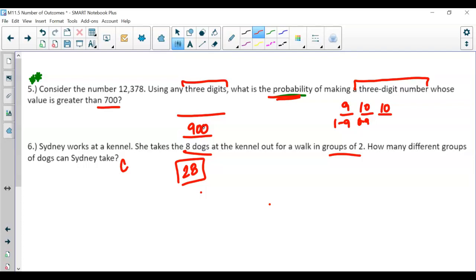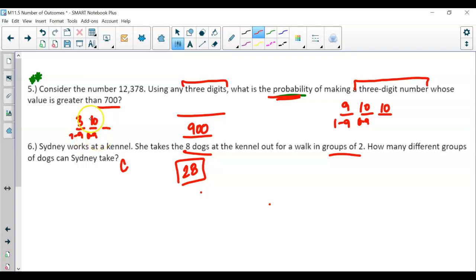Now, you've got the numerator, but it has to be greater than 700. So here, how many different ways can you make a 3-digit number greater than 700? Well, first off, what digits could the first be? It could be 7, 8, or 9, because technically 701 is greater than this. So here, there are 3 different digits. Then how many digits could be here? 10, 0 to 9, right?